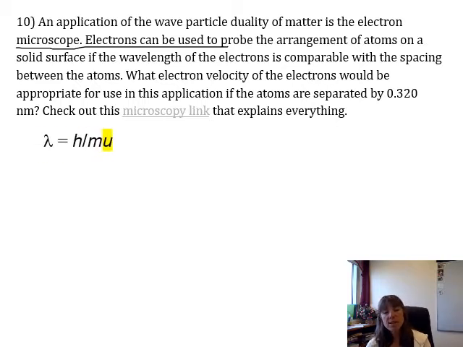So this question is asking you to calculate the speed of the electron necessary to visualize a certain size of atoms. This 3.32 nanometers is how far apart the atoms are. So what speed of electron would you need to tune it to so you could see it? I'll let you work on that. That's number 10 on your fun sheet.